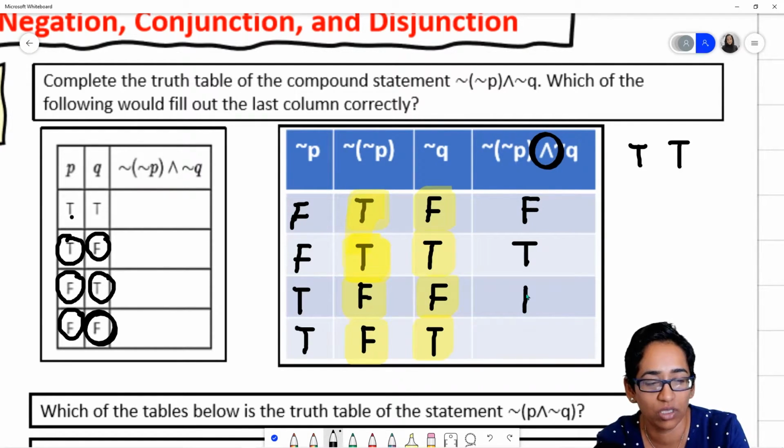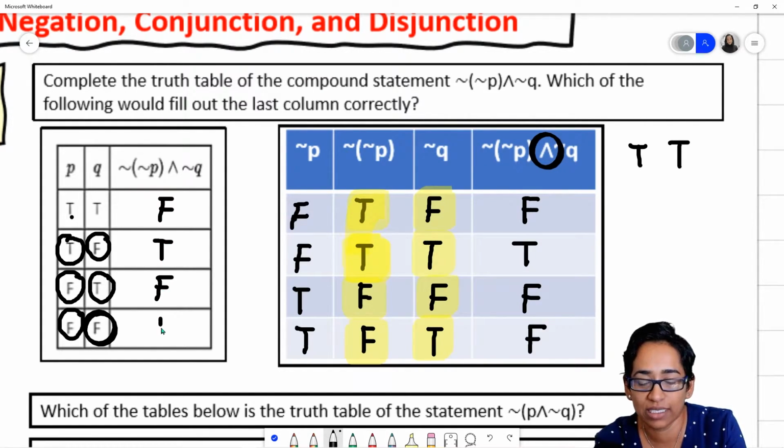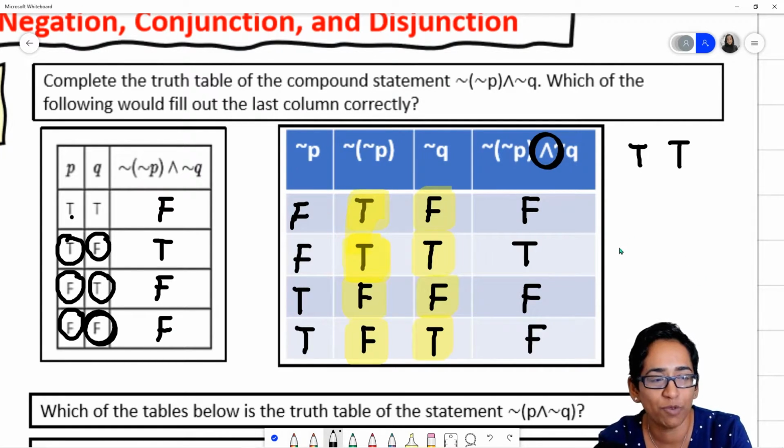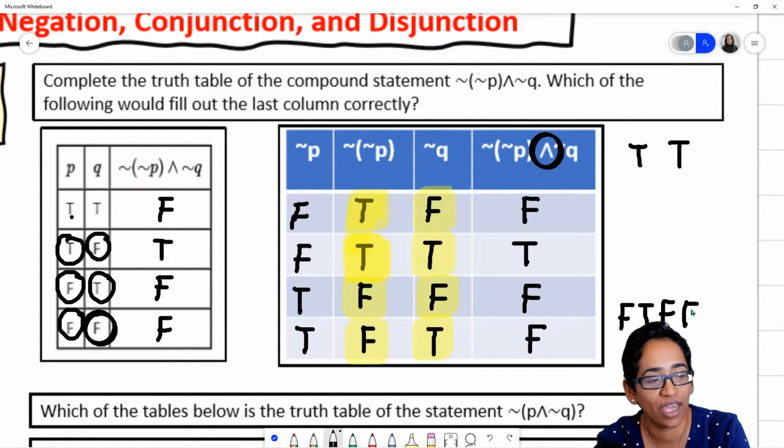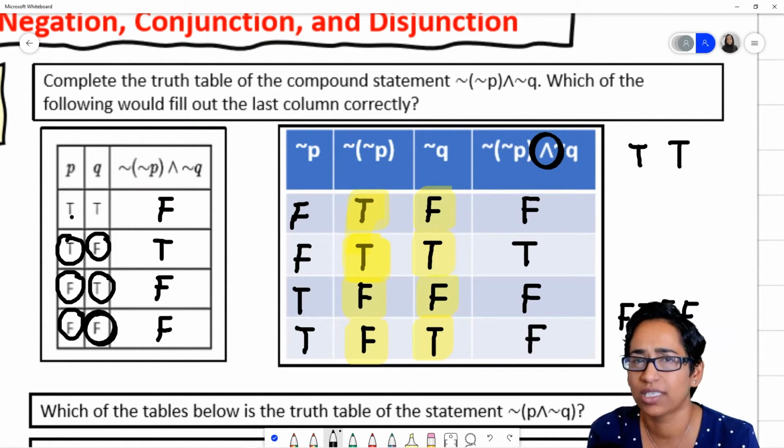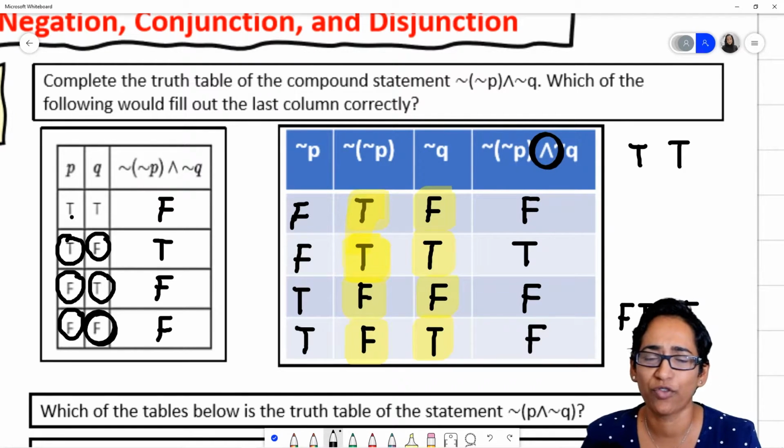False and false, false. False and true, false, because it's a conjunction. So the last column will be false, true, false, false. Your options might be something like this. I think they might give it to you together like F, T, F, F. Take a look at your options, see what they ask you, and then you can work it from there.